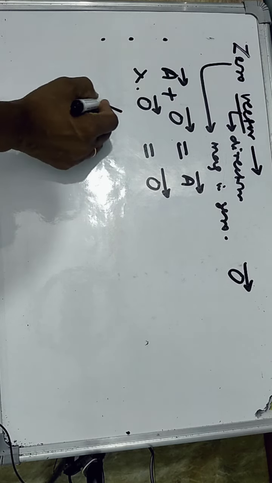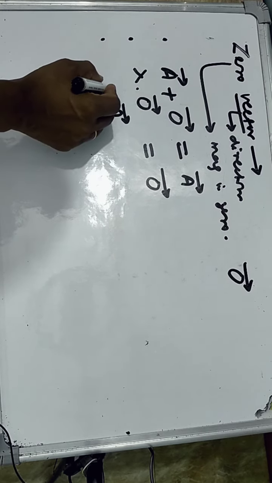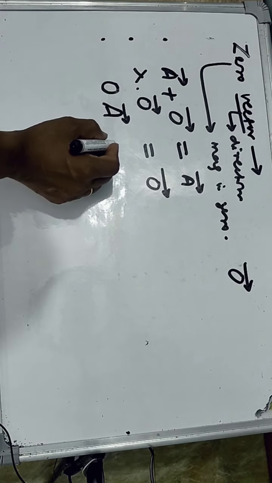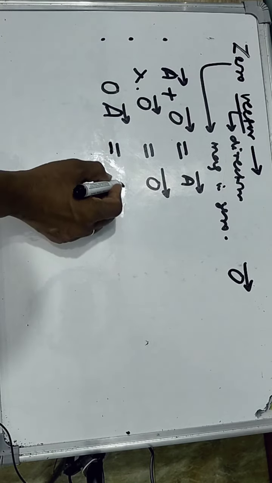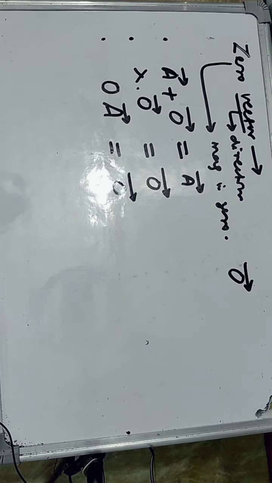If any vector is multiplied with numeric 0, then the numeric value becomes 0 and it will have some direction. That means the resultant will be a zero vector.